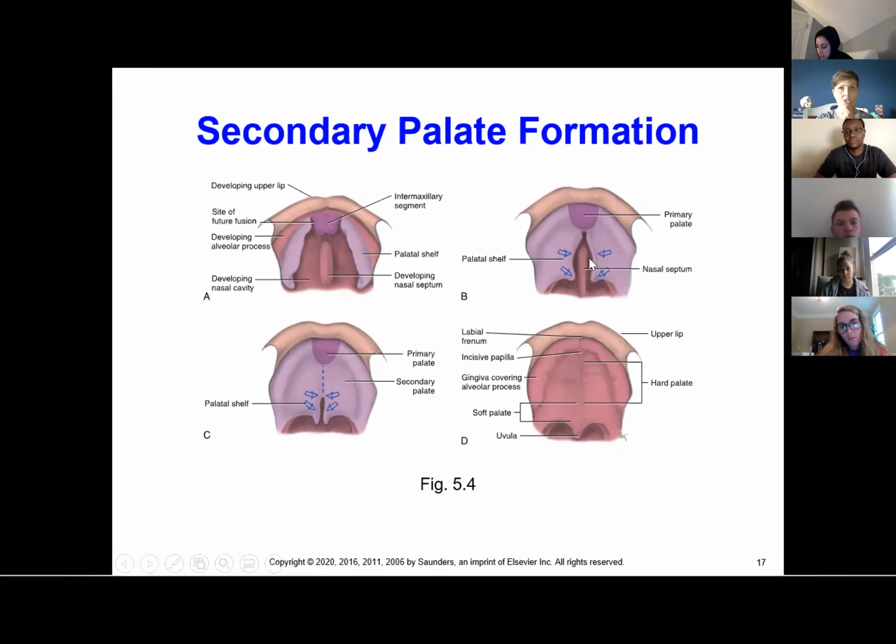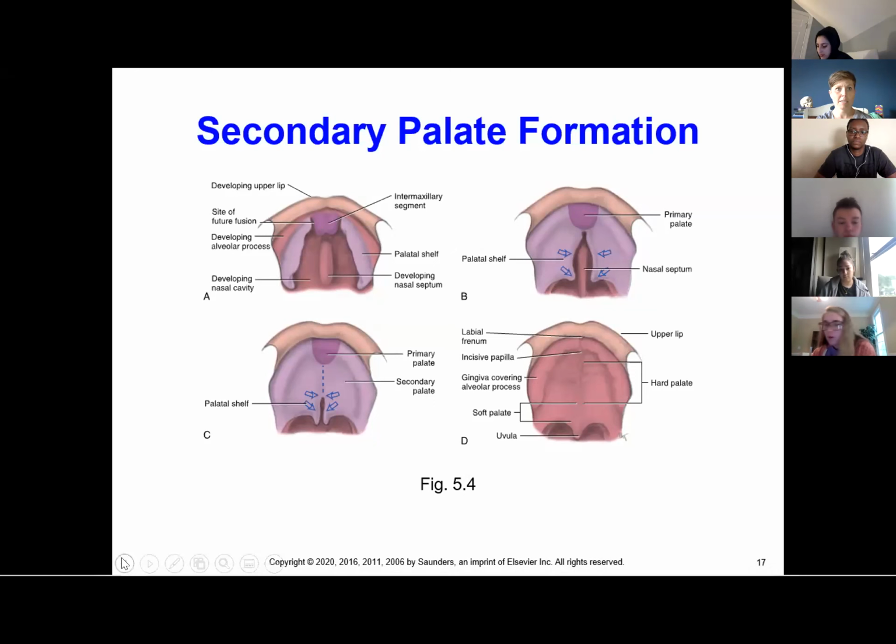You can see here your developing nasal septum. So once it all comes together, you have that median suture on your palate. If you've ever looked in anyone's mouth, you can almost see that line where it comes together. The way it forms, you can see in this picture, is it starts here and connects here, and then it kind of zippers together.